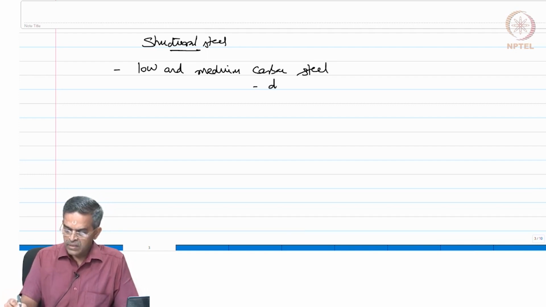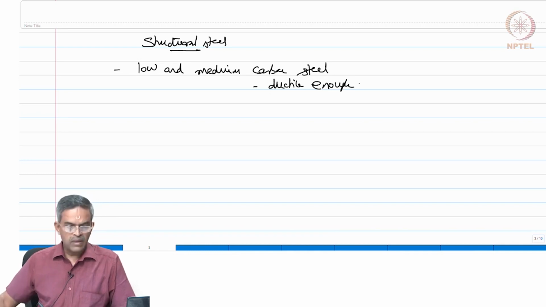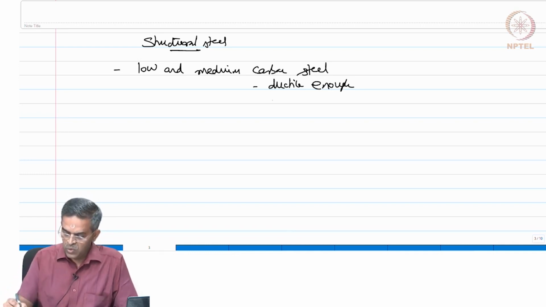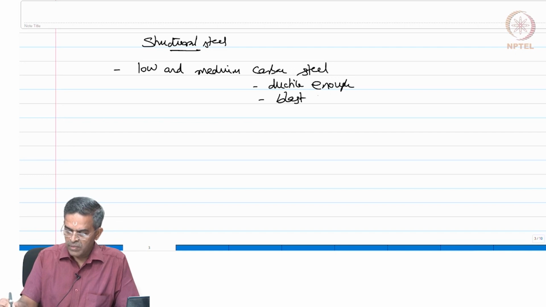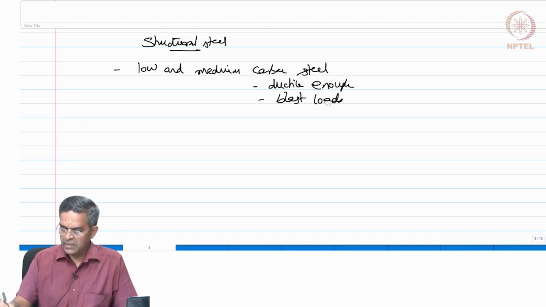We know that these two grades of steel are ductile enough, and therefore, they can be used for blast loads, or let us say blast resistant applications.